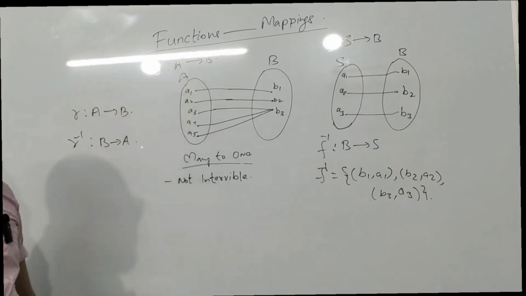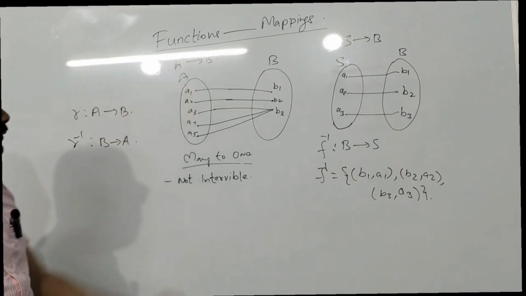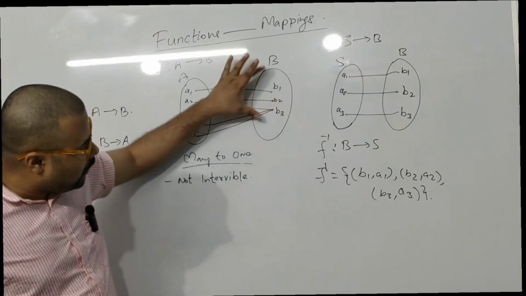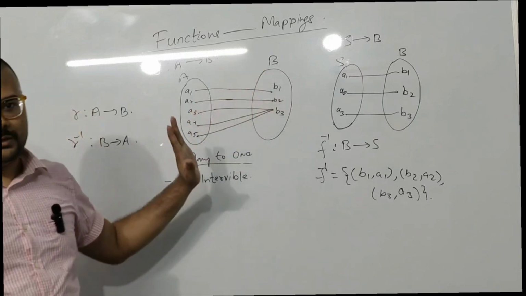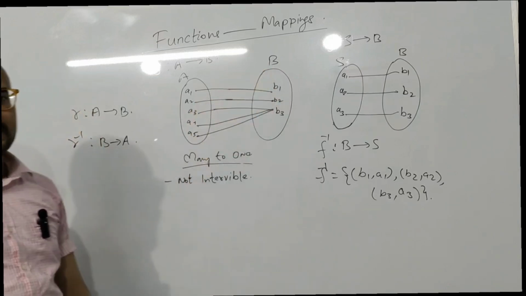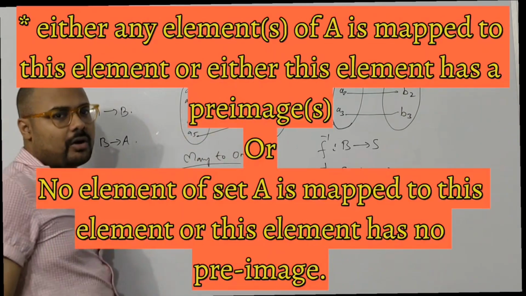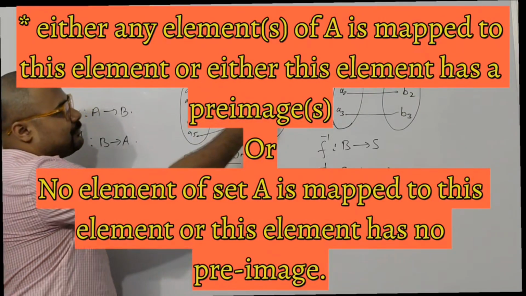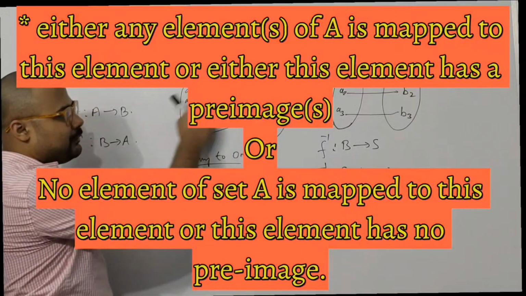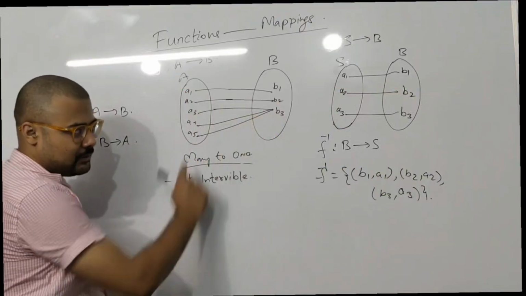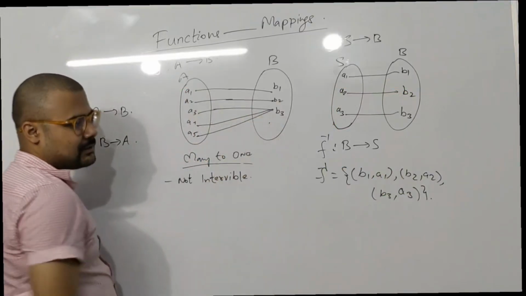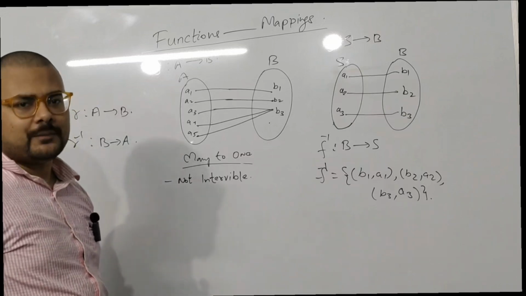And when it comes to set B, how can you look at any element of set B? What are the possibilities for any element of set B? Either it is mapped or it is not mapped. If it is mapped, it may be mapped to a single element, it may be mapped to many elements, or there may be some elements that do not have any pre-image.